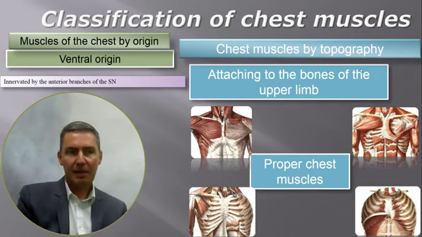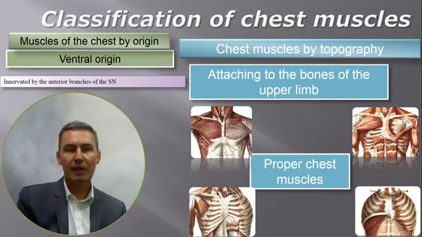These are the muscles supplied by the anterior branches of the spinal nerves, meaning by the short branches of the brachial plexus, and also by the intercostal nerves formed by the anterior branches of the thoracic spinal nerves.